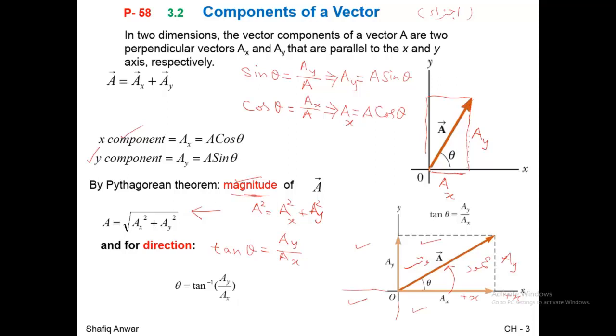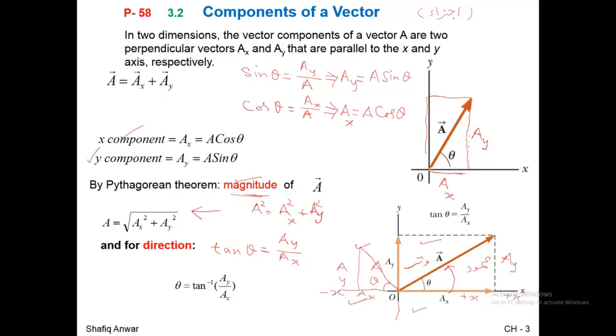Okay. Don't forget this. Now, if you are in the second quadrant here, for example, this is theta, this is your Ax, this is your Ay, and this is A. You see, this is along negative x-axis.